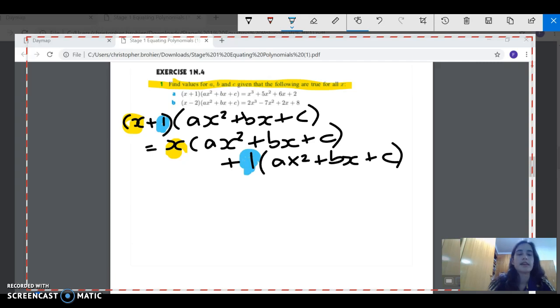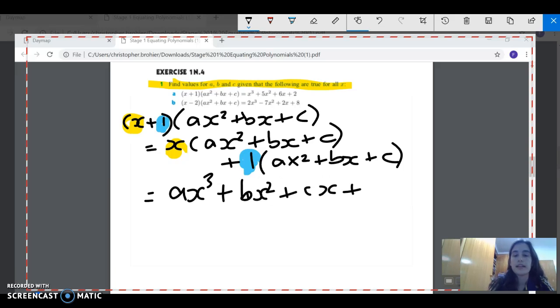So that x plus 1 has just been split up because that actually means the same thing. And now we can just expand that out. We did a bit of this in class. You'll get ax squared plus, did I make a mistake? Yes, I did. It's ax cubed because it's x squared by x, plus bx squared plus cx plus, now 1 times ax squared plus bx plus c.